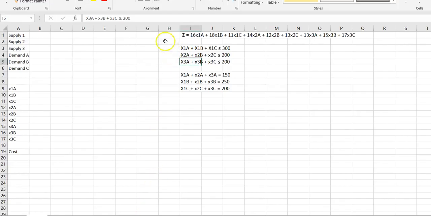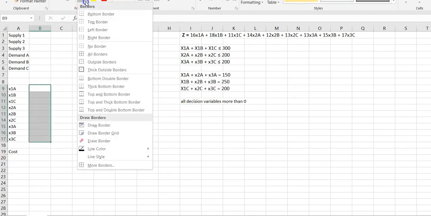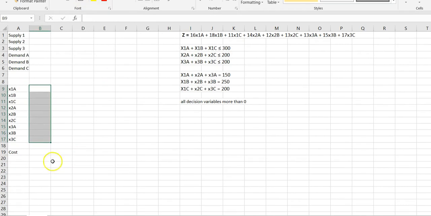Okay, now we're ready to go to our Excel sheet. Remember all decision variables are greater than or equal to 0. We have 9 decision variables for each of the routes.